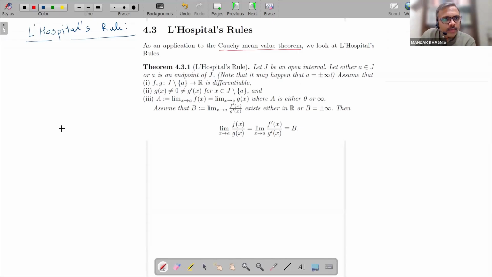And we basically want to talk about the limit as x tends to a of f x upon g x. This limit we want to compute. This is the question.